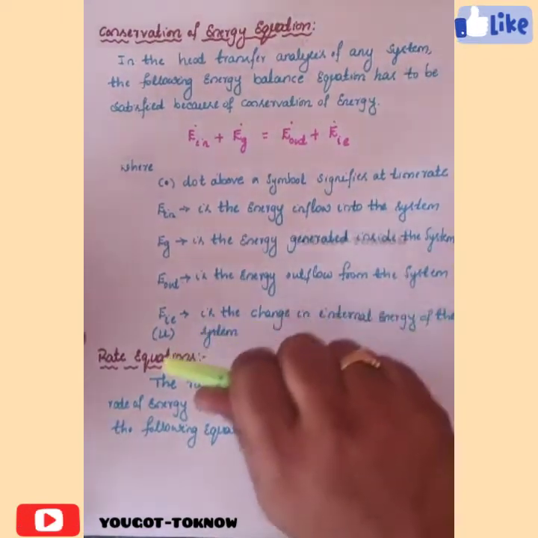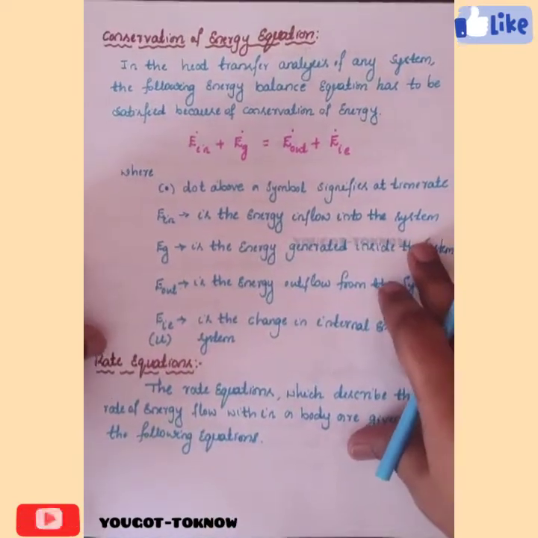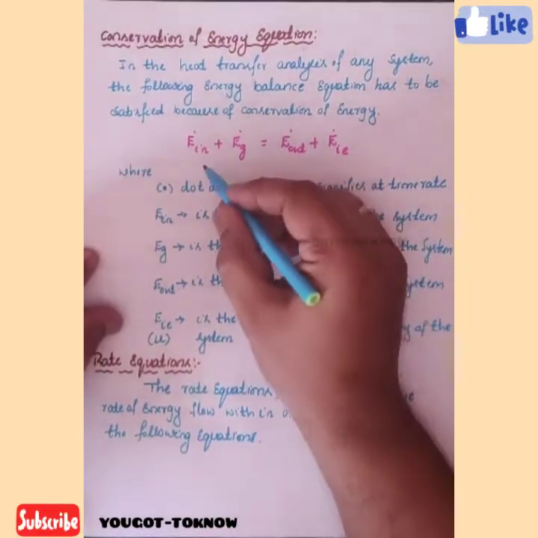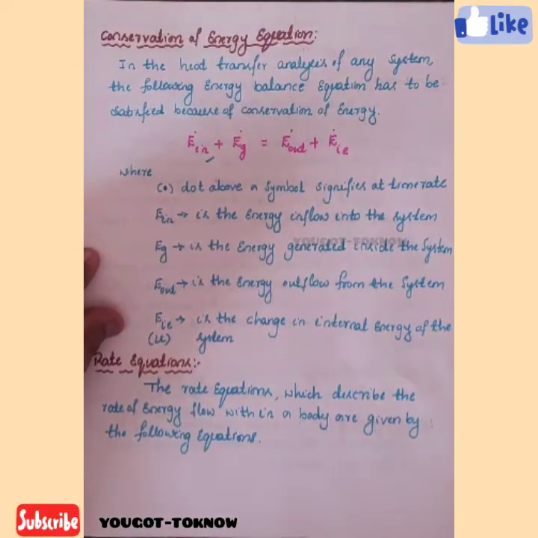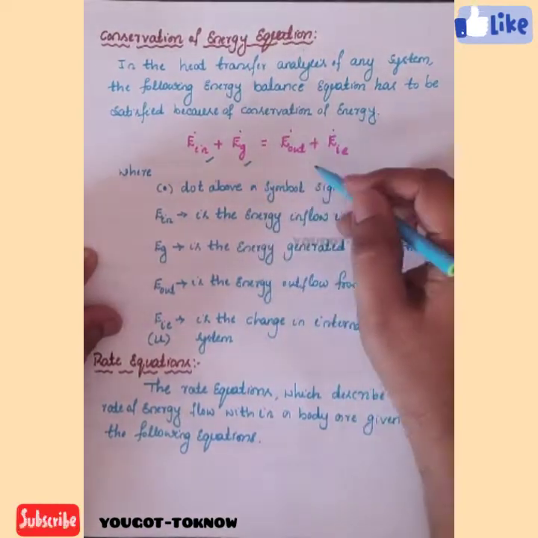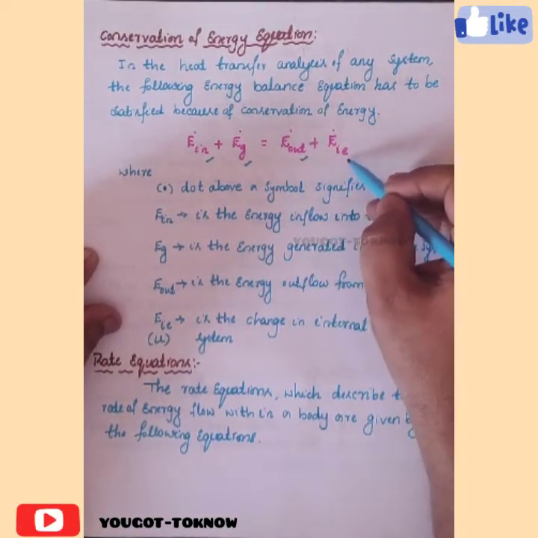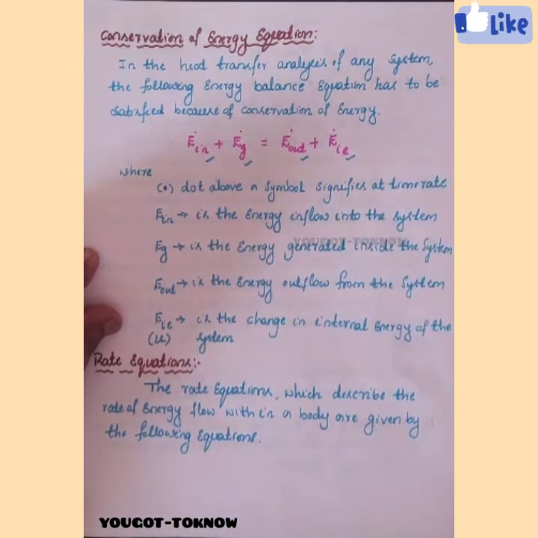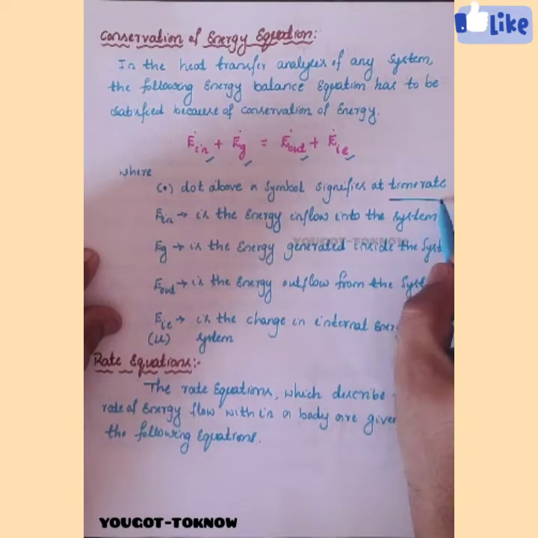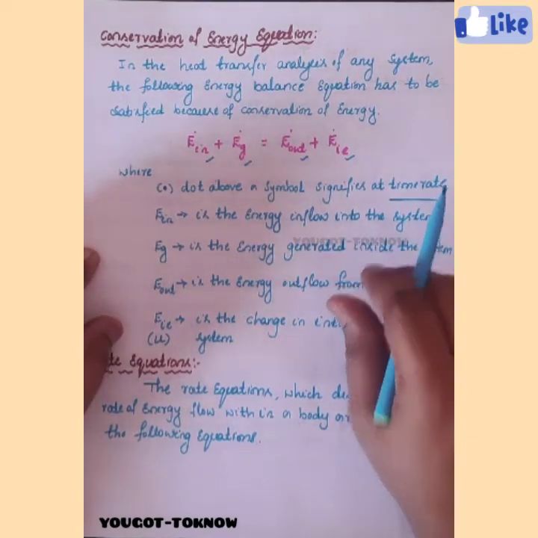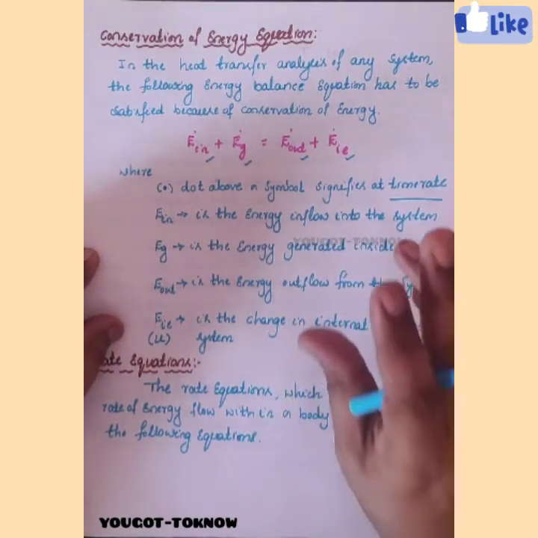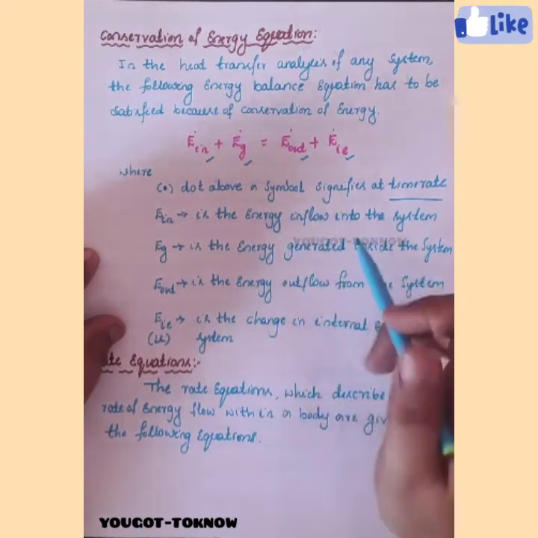What is that equation? The equation is E dot in plus E dot G equals E dot out plus E dot st. What is that dot? Dot symbolizes the time rate. That means with respect to time, the change in energy is discussed here.